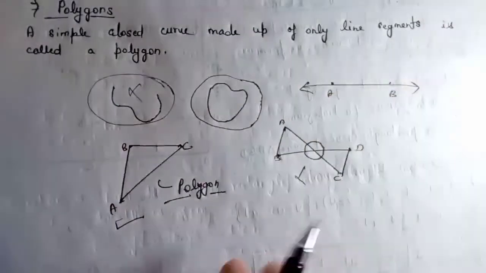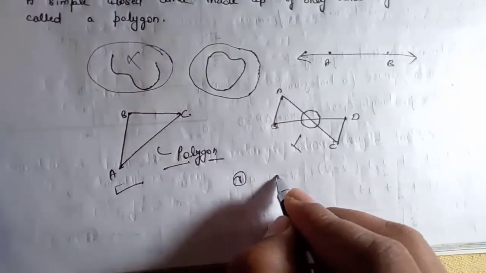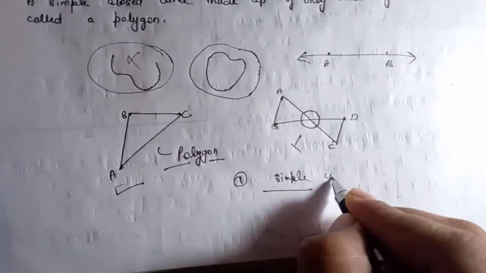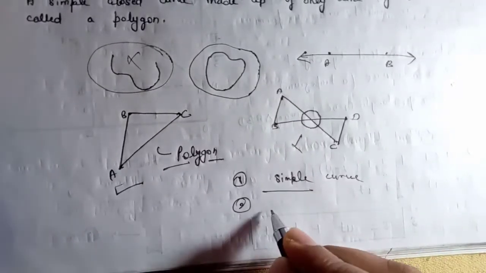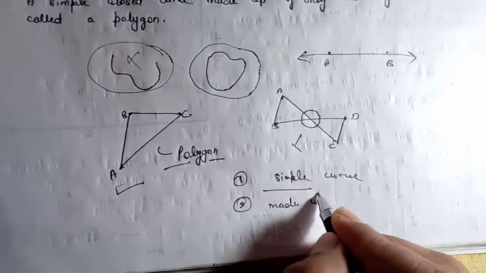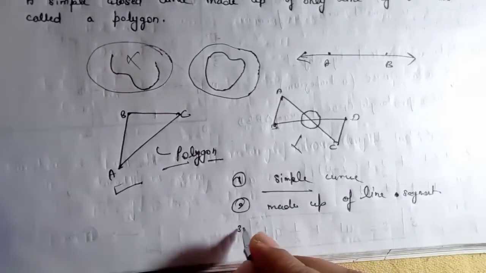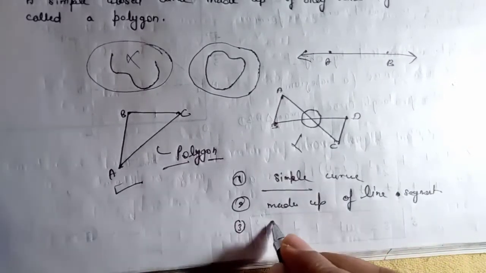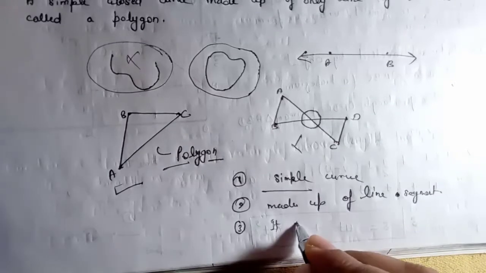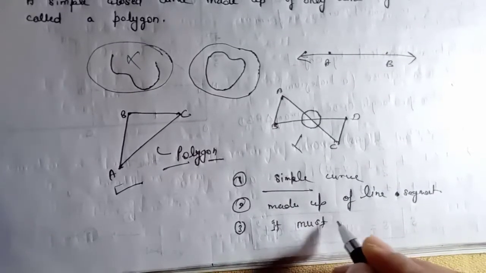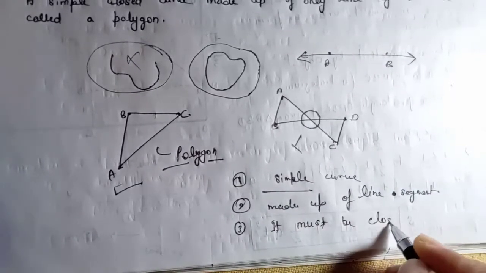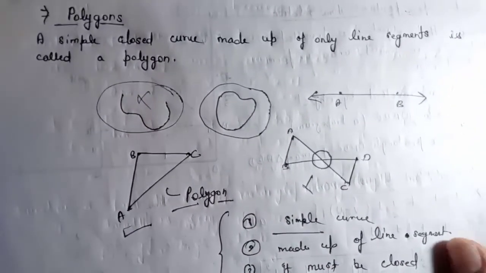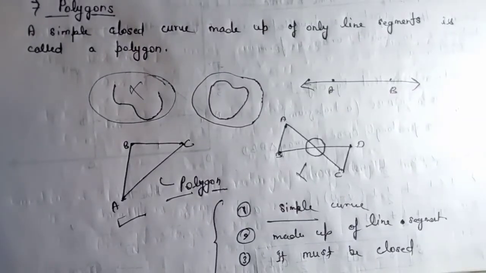Second case is, here I am writing the cases: the curve must be simple, made up of line segments. Third is it must be closed. These three conditions give the definition of a polygon. I hope you can understand this now.